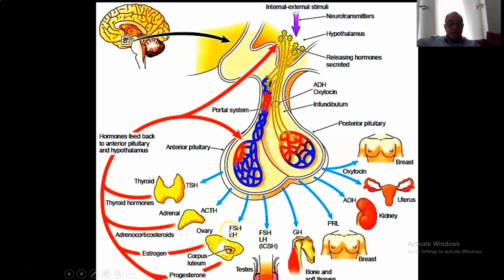In the females, it is responsible for controlling the ovaries, producing estrogen and producing progesterone from the corpus luteum. Also it produces ACTH, controlling the adrenal, and thyroid stimulating hormone, controlling the thyroid. All these hormones are under control of the hormones or the factors secreted from the hypothalamus, and the feedback goes back to the pituitary and to the hypothalamus.